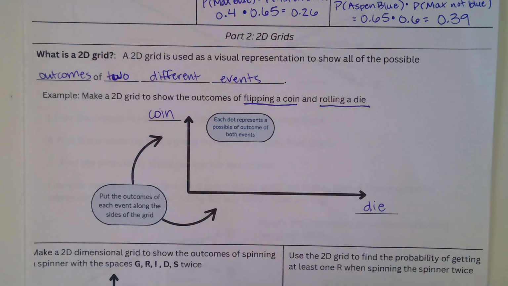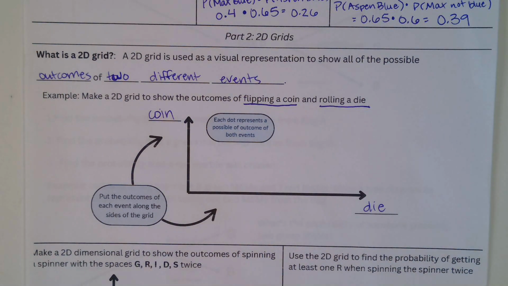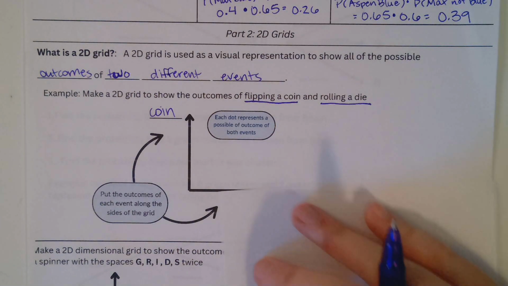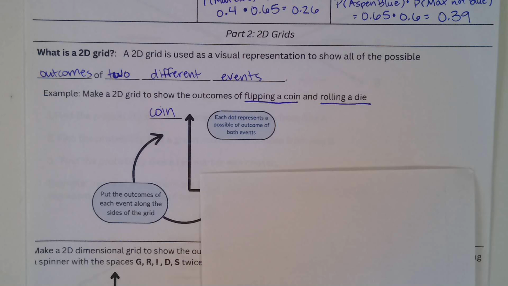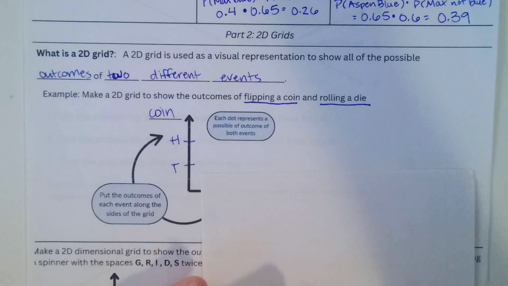From here, what I'm going to do along each of these arrows is label all of the possible outcomes of each thing. And that's what it has written here. Put the outcomes of each event along the sides of the grid. Looking at the coin, when you flip a coin, what are the two possible outcomes? Well, that's going to be heads and tails.